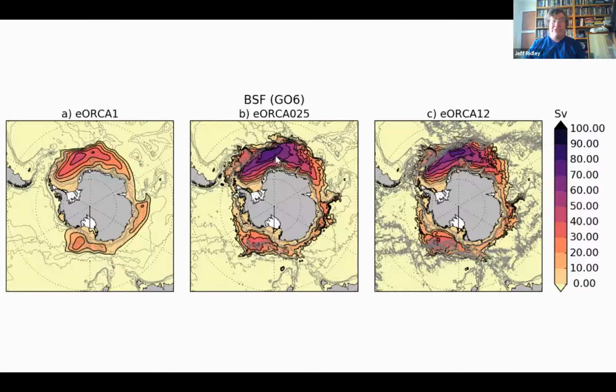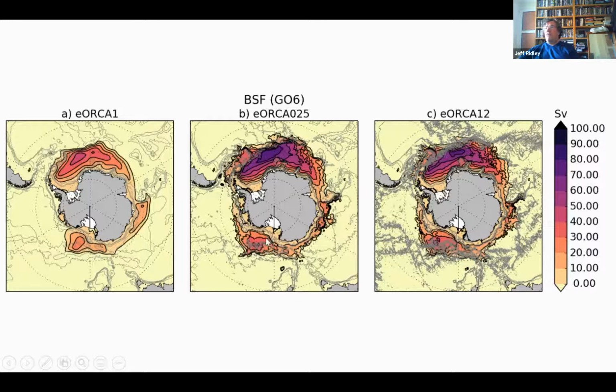So the low resolution, of course, has parameterized eddies, and it's because of these parameterized eddies that things look different. This is the barotropic stream function, the gyres, and the Weddell gyre you can see is very deep, whereas most people think that the low resolution on the left has about the right gyre strength in terms of sverdrups.